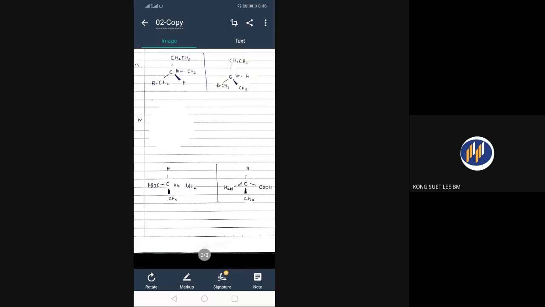Optically active tu asalnya dia ada chiral carbon. Jadi struktur nombor 3 ada ke tak? Ada. Apa tu chiral carbon? Yang first kali you kena tahu apa tu chiral carbon.